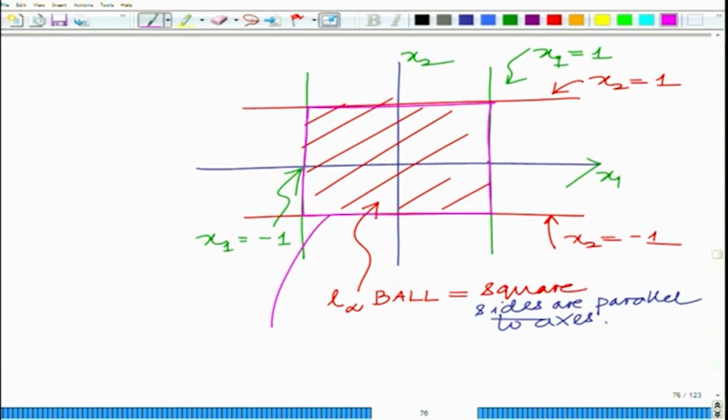So, this is your L infinity ball, which looks like a square.